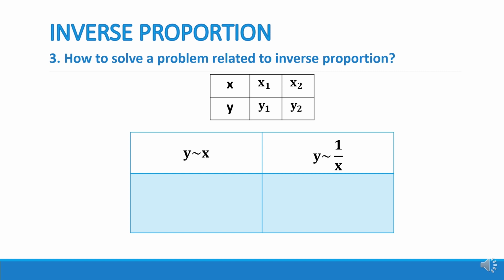If y is directly proportional to x, the ratio of each column is the same as the other, while their products are equal to each other if x and y are inversely proportional. Now it's time to practice.